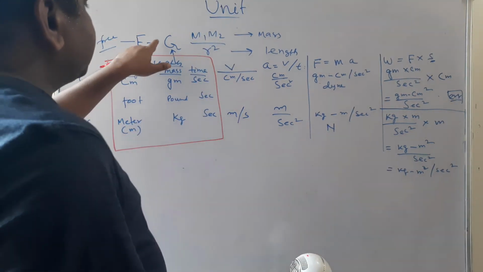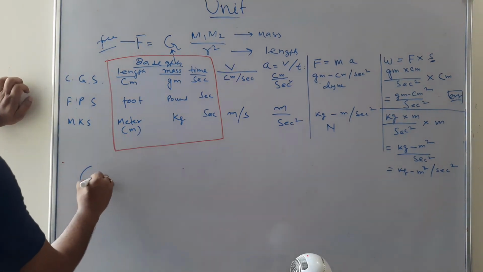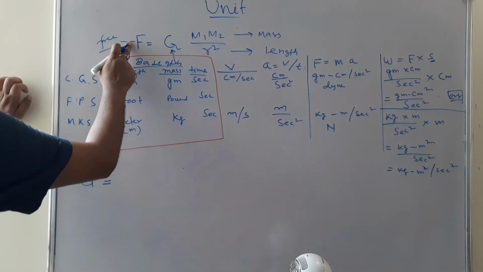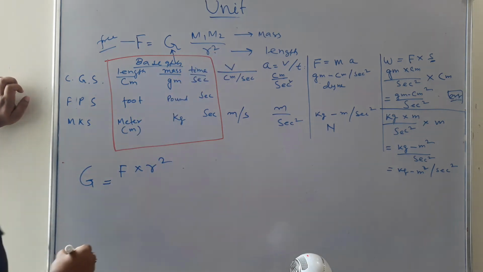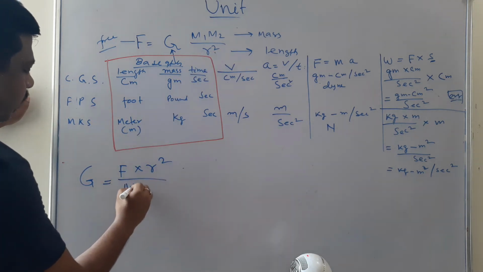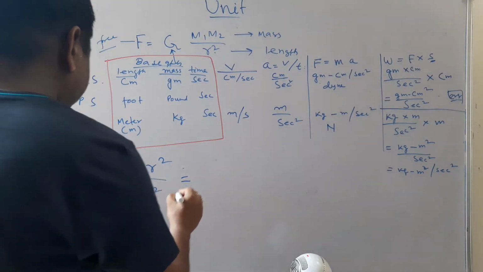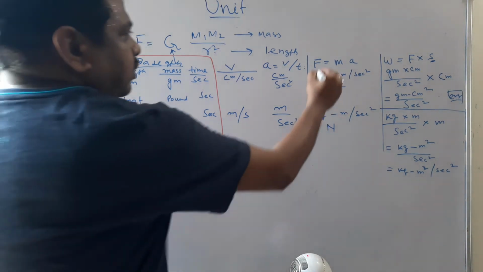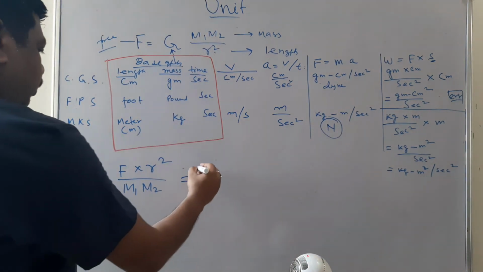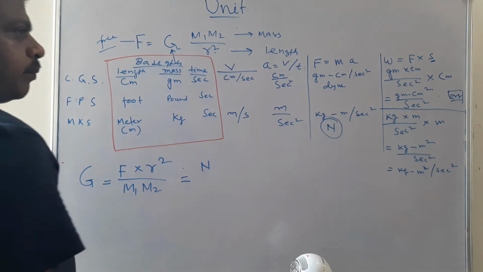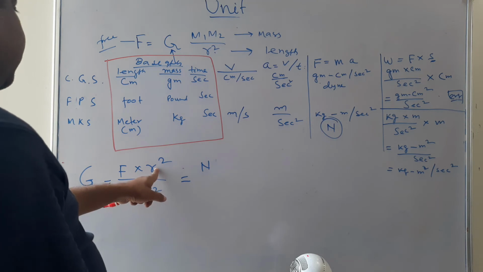Now can you calculate this G? So G equals F into r square divided by m1 and m2, right? What is the unit of F? This is Newton, and r is the length, right?